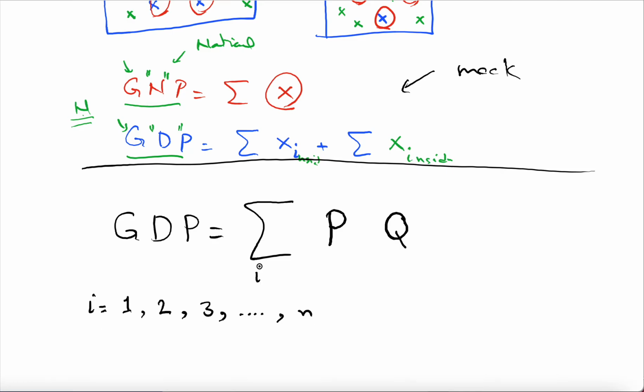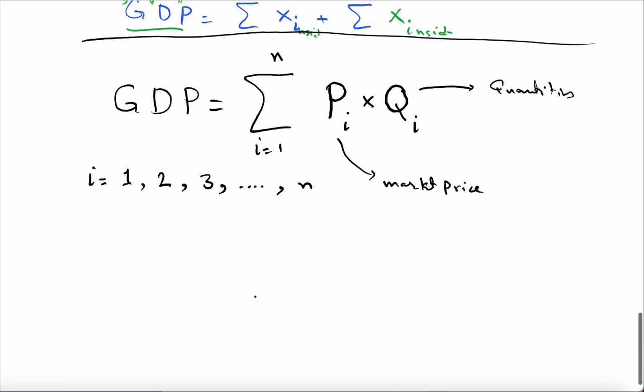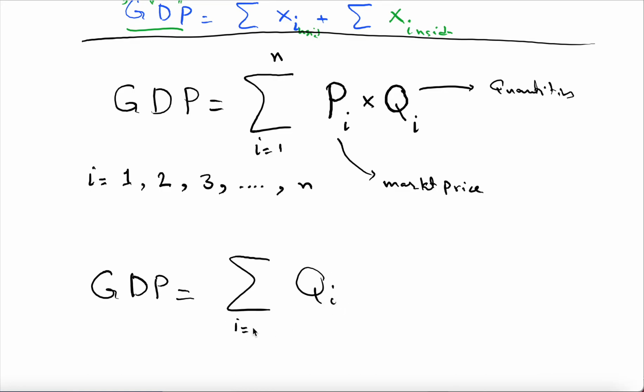So i goes from 1 to N, and we give the superscript here as this. So the total market value, so this is the market price, and these are the quantities, okay? And the reason is that actually we are unable to define the GDP as the total summation of Q's, i goes from 1 to N. This is impossible. This is not possible.